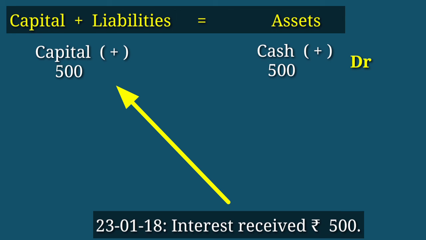If any receipt or any expense affects the capital, that time we will write the cause of the effect. Okay. Here interest received. Interest received means capital increases. Our investment or capital is increasing. But we will not write the name capital.